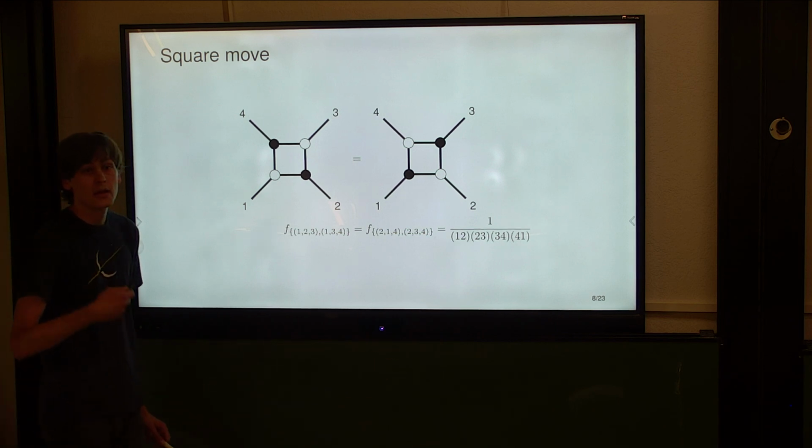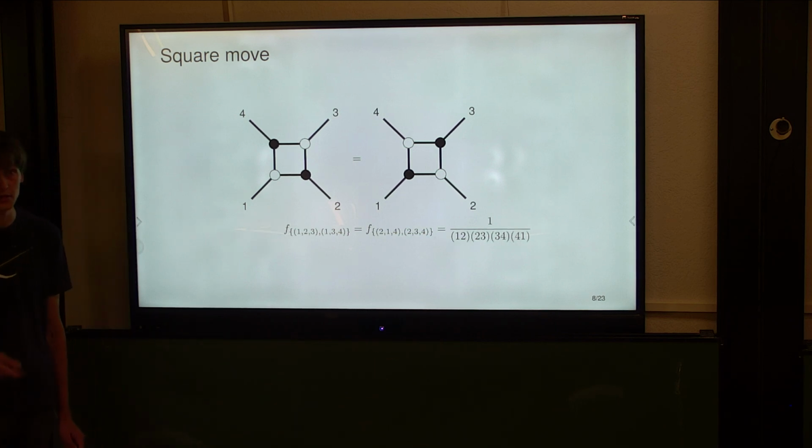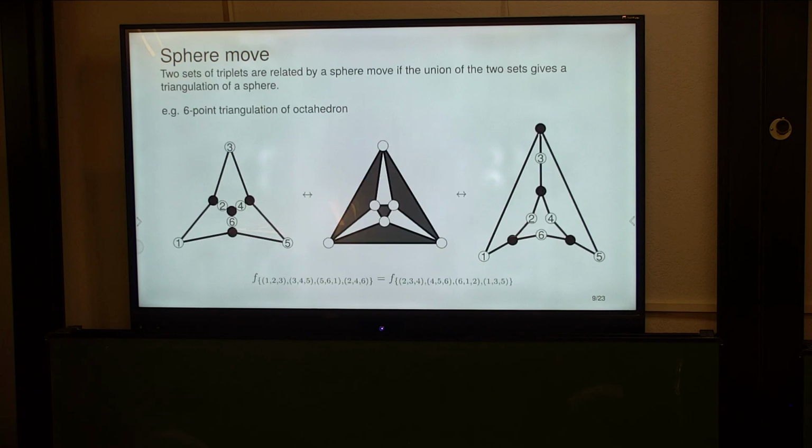Sphere moves, which apply to non-planar on-shell diagrams, describe a set of triplets that together triangulate a sphere.